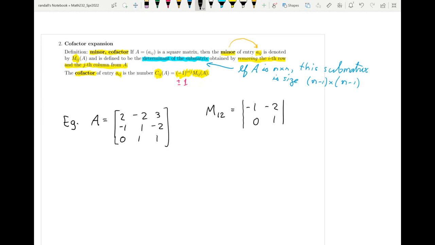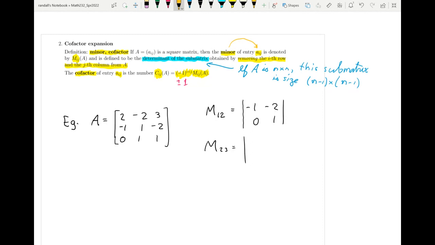So there's M12, okay? Now I'll go to a few entries. Let's do something different. Let's do M23. M23 is going to be the determinant of the submatrix you obtain from A if you remove the second row and the third column.